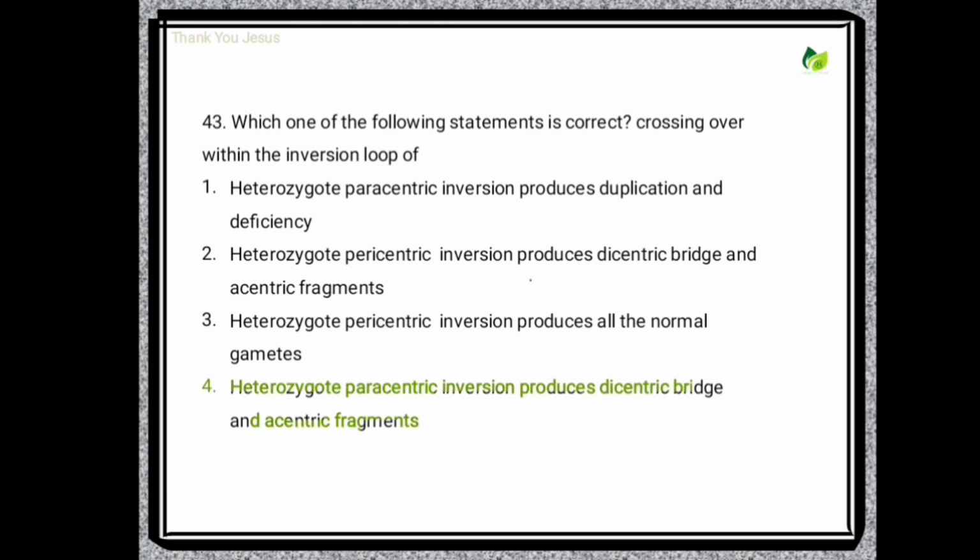The correct answer is: if crossing over occurs within the inversion loop, it will result in dicentric bridge and acentric fragments. So the fourth one is the correct answer.